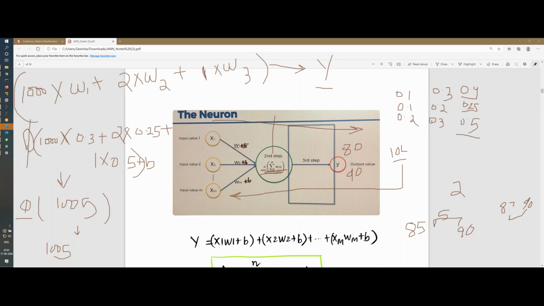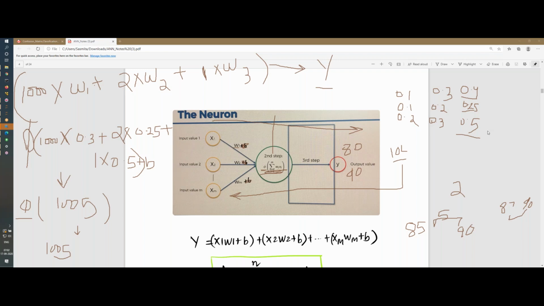Please hold on for 2-3 more minutes. You will understand when I go to the next neural network architecture. So W1, W2, W3 are constants or random values we are assigning. Why it is important, you will understand when I go to the neural network architecture.